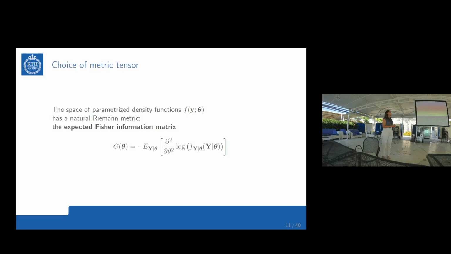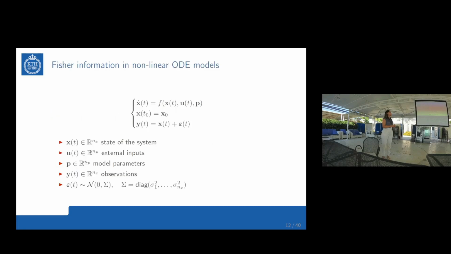Here, by definition of this expected Fisher information, we have that G, the expected Fisher information, is a positive definite matrix, so we can use it as a position-specific metric for our Riemann manifold. As I was saying before, the models that I consider are nonlinear ODE models, so I will only restrict my analysis of computing the Fisher information to this case of nonlinear ODE models.